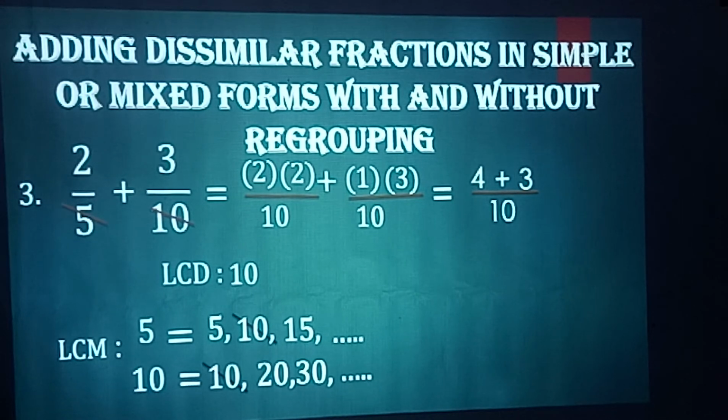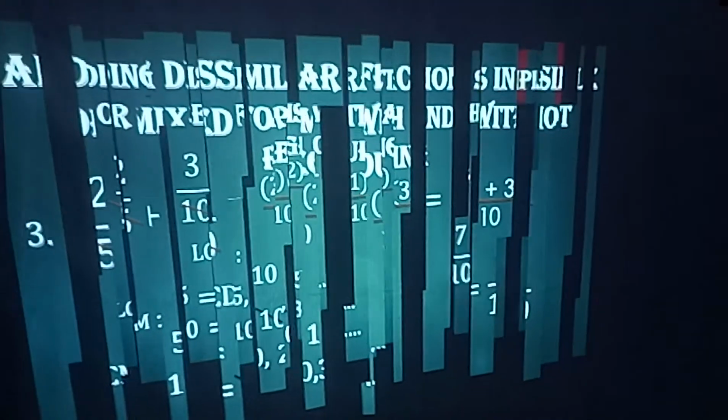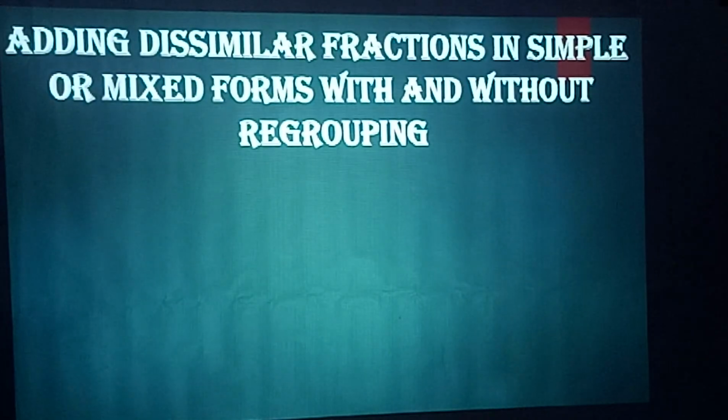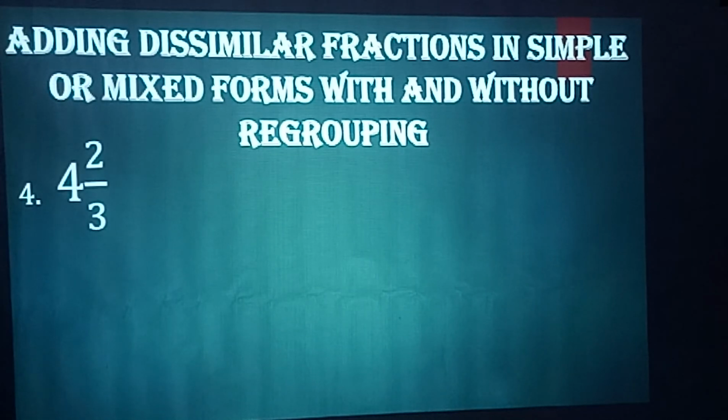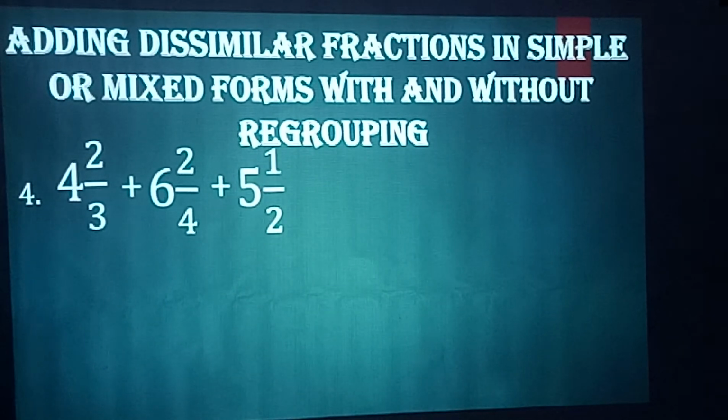And 4 plus 3 is equals to 7 over 10. Okay, sample number 4. So this time is a mixed form. So 4 and 2/3 plus 6 and 2/4 plus 5 and 1/2 equals.